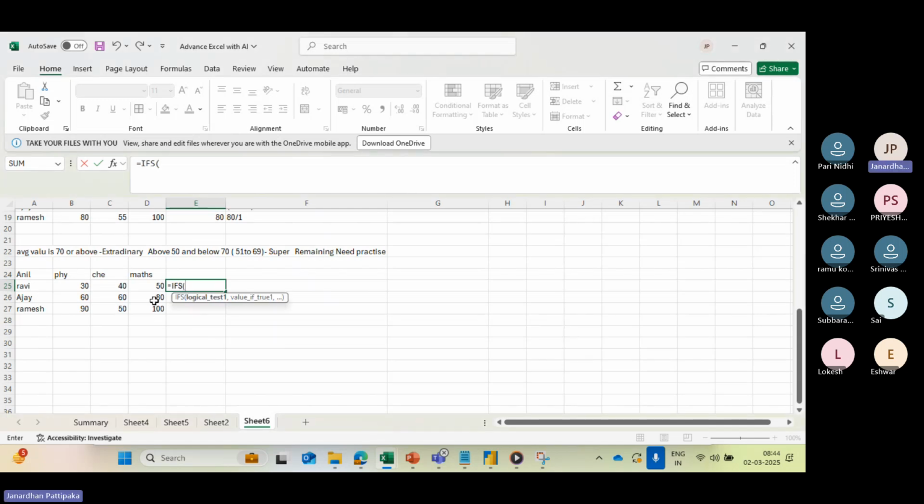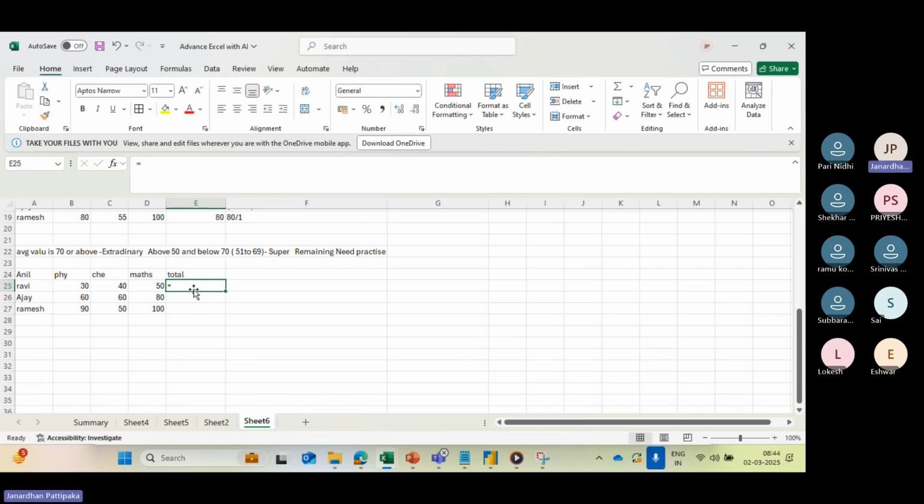What are the conditions? If the average value is above 70, if F53 is there, suppose I'm taking this total also; the average total I will also calculate, so it will be better.